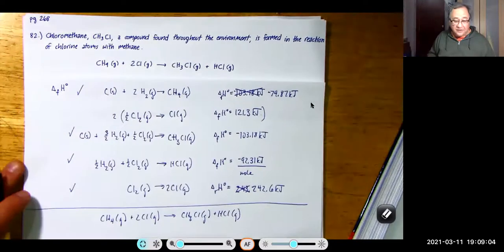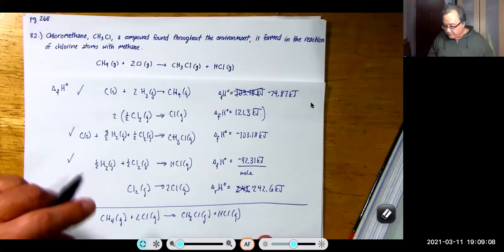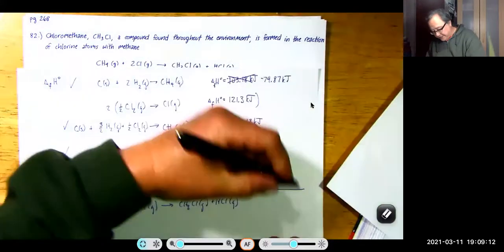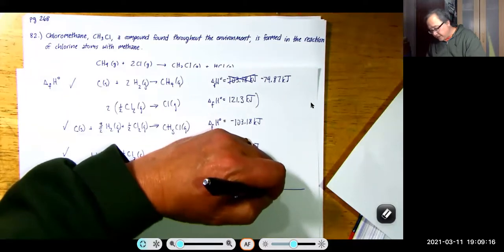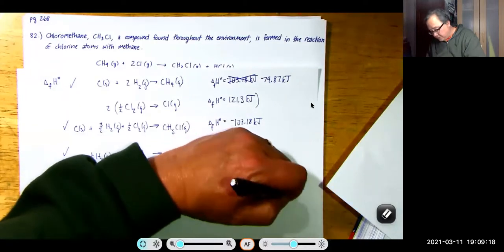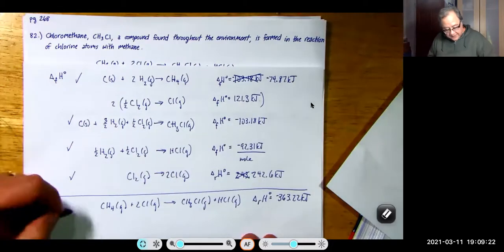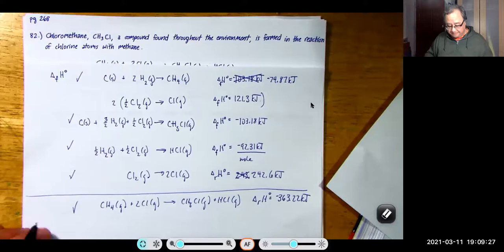I'm not going to put one this tough on the test, but we're still going to take a look at it. And for this value here, we got a minus 363.22 kilojoules. Okay, so we got to take these 5 reactions and put them together into an energy level diagram.